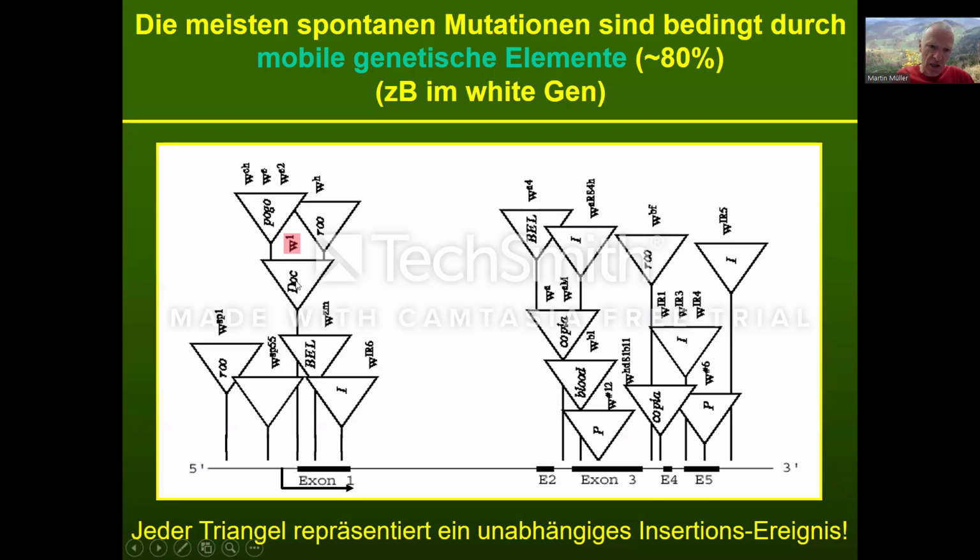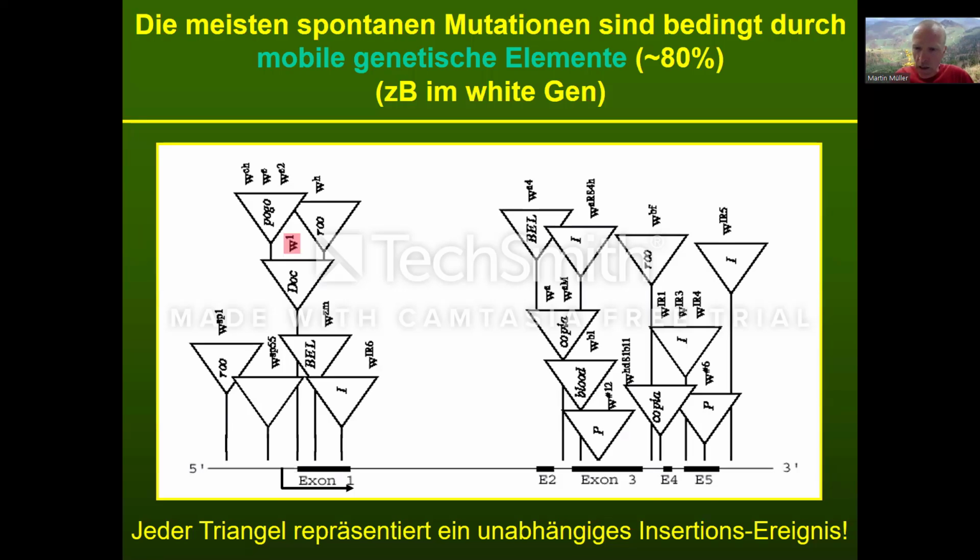The white 1 mutation had a so-called DOC element inserted right at the 5' end of the gene, and this insertion of the transposon inactivated the gene, and therefore the white protein was no longer produced. Since white protein is essential to deposit eye pigment in the fly eye, there was no deposition of eye pigment, and that's why the eyes turned white.